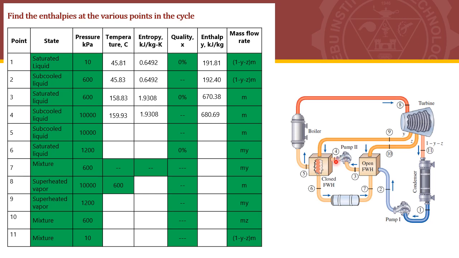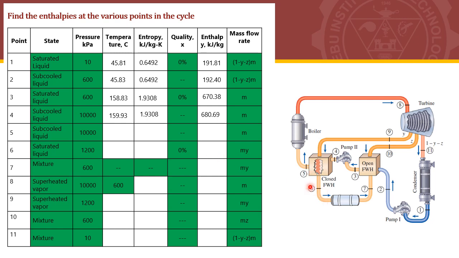Then at point 5, we cannot get the value yet, since as you can see here, we have a subcooled liquid and we only have one known property. In order to get the value at point 5, we have to know first the temperature at point 6, because 6 and 5 have the same temperature.